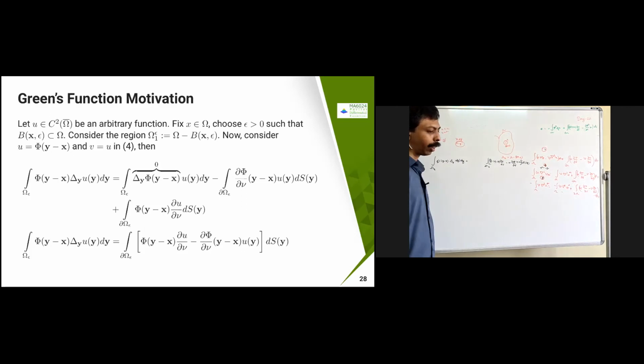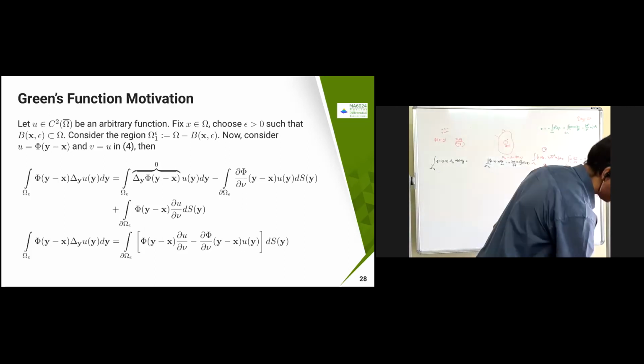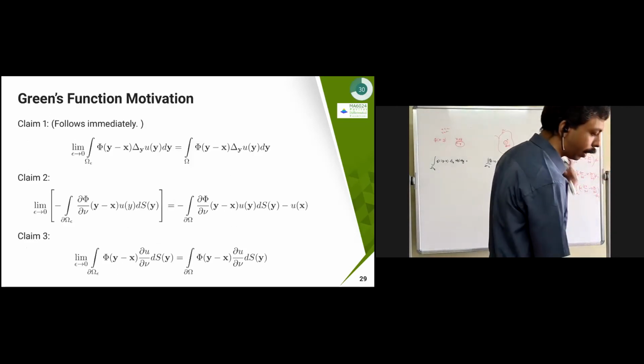Now our claim is as follows. We need to claim three things.